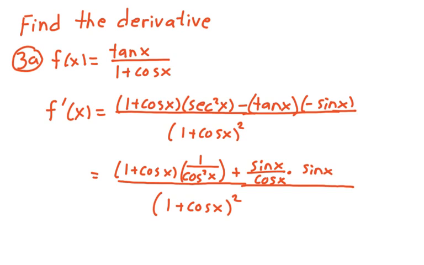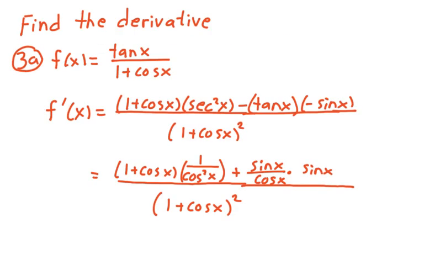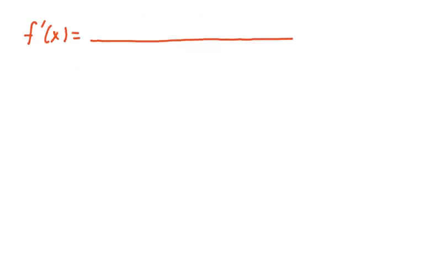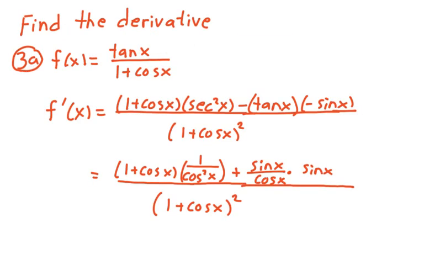Okay, now, if we don't mind, I'm going to distribute the 1 over cosine squared x inside. And when I do, I get the following. F prime of x is equal to 1 over cosine squared x plus 1 over cosine x plus, right?